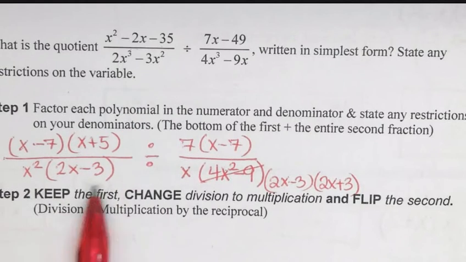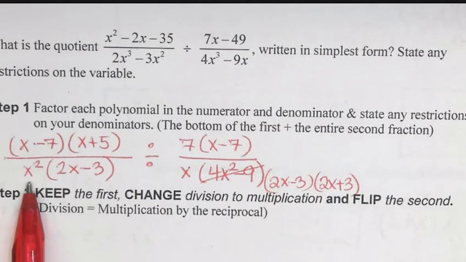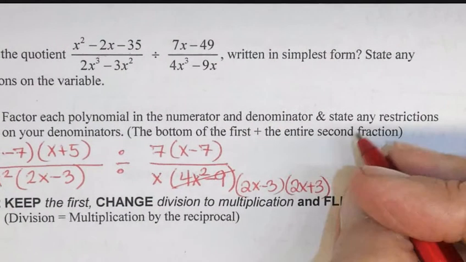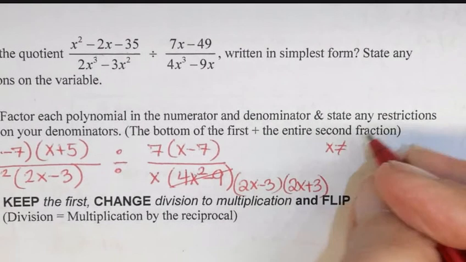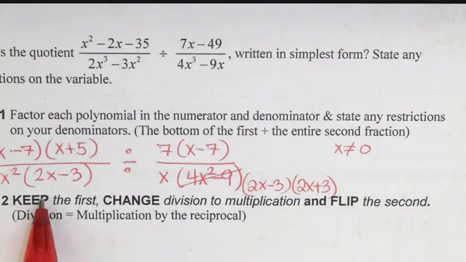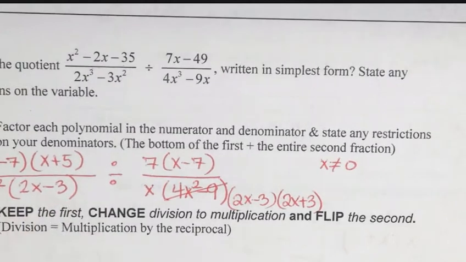So that piece seems very obvious that that would be a restriction. So x squared can't be 0, so x cannot be 0. And 2x minus 3 cannot be 0. Which means what? X couldn't be what? We might have to write that out.